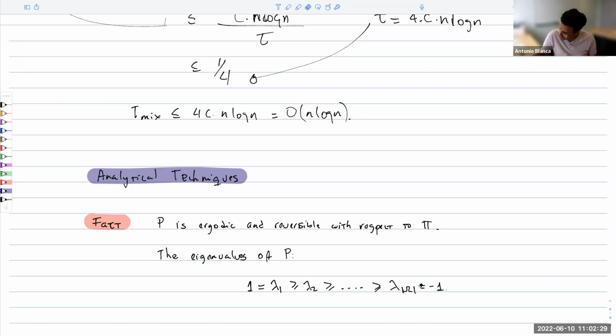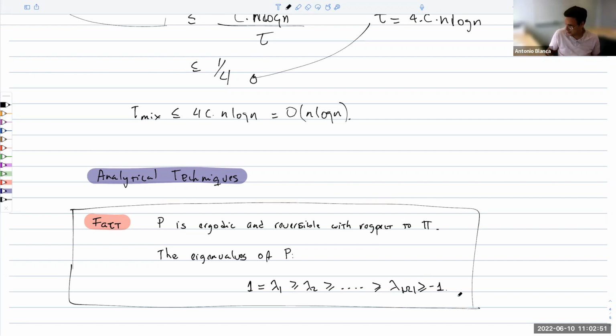Okay, so it's not equality here. This is an easy fact that says that if you look at the eigenvalues of P, the first one is going to be 1, and all other eigenvalues are going to be between 1 and -1. Okay? And again, check the notes. This is a two-line proof.